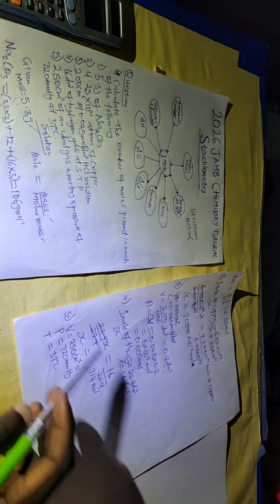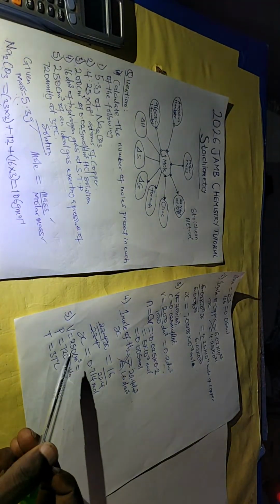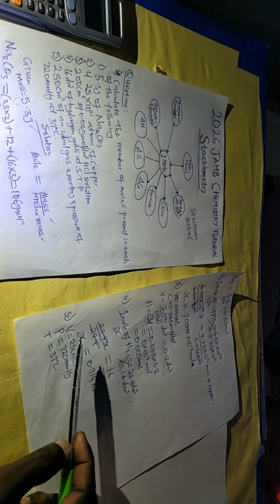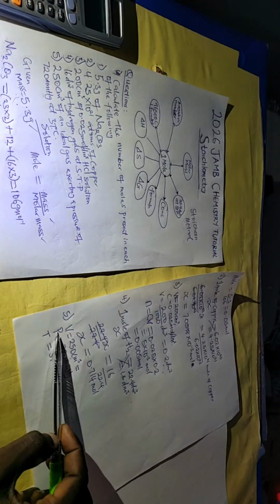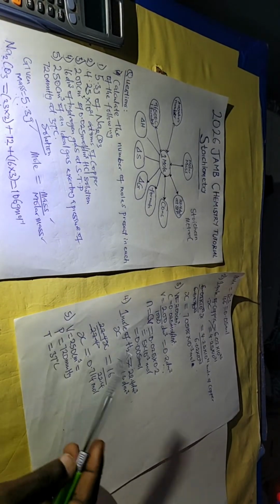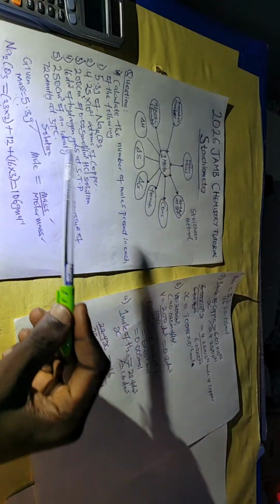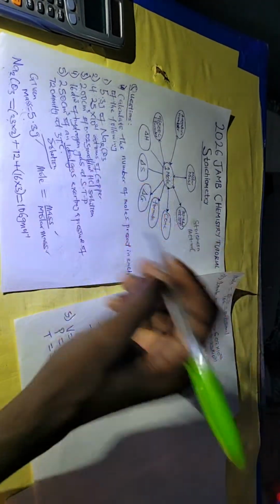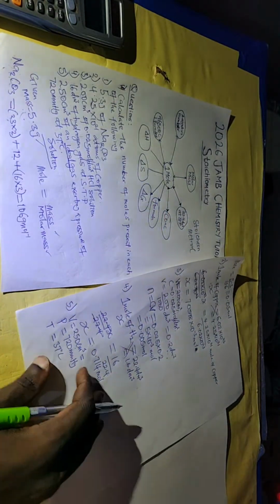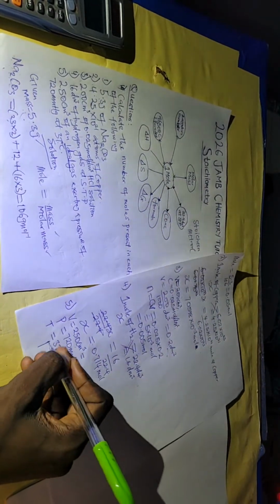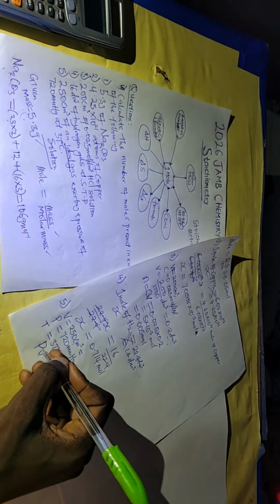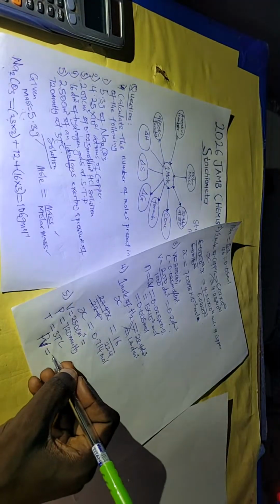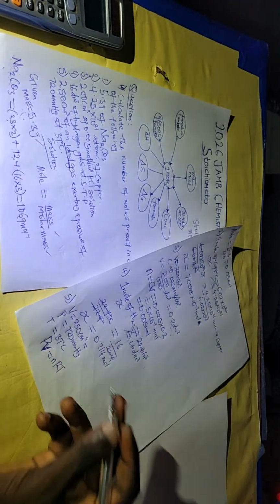Now, you have to calculate the number of mole. What you need to do here is think which formula relates pressure, volume, and temperature. In fact, anytime you are solving a question and you come across something like ideal gas, the first formula that should come to your mind is PV equals nRT.